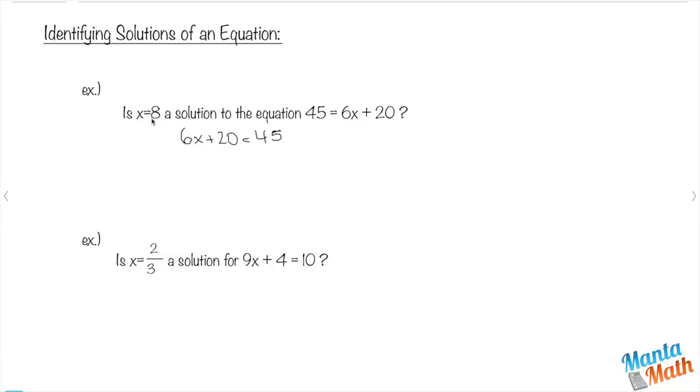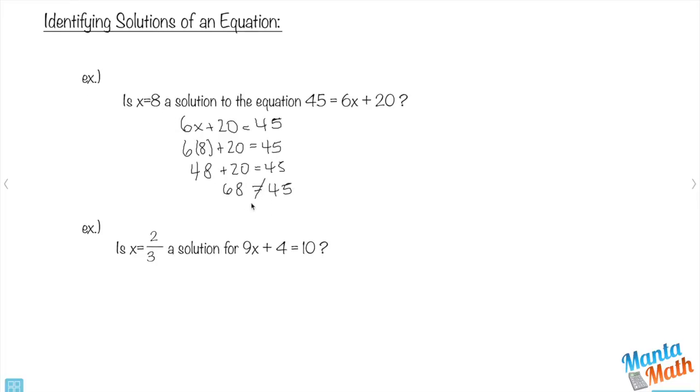They're saying x equals 8, so we're going to plug in 8 as x, carry everything down. So 6 times 8 is 48, plus 20 is 68, and 45, and we can say, nope, x equals 8 is not the solution because 68 never equals 45.